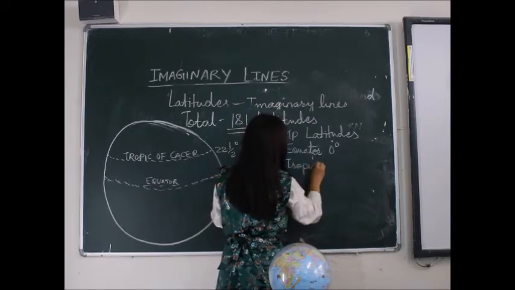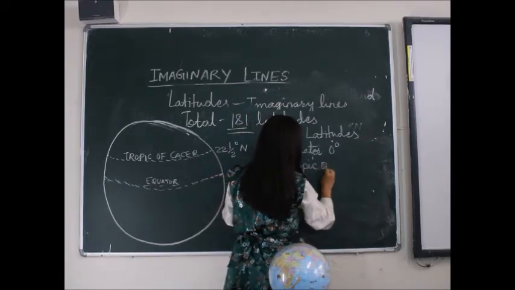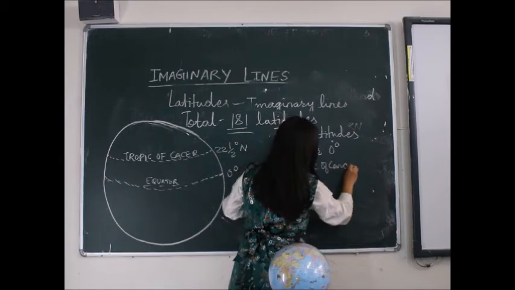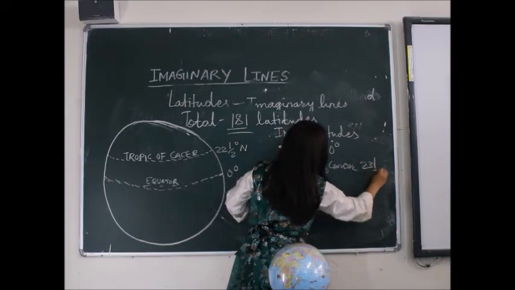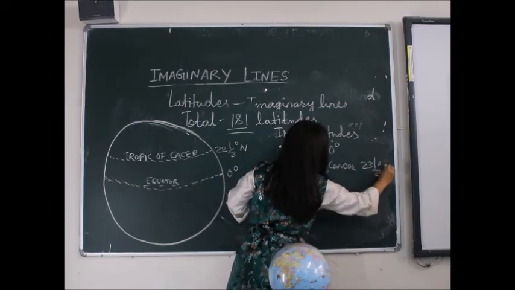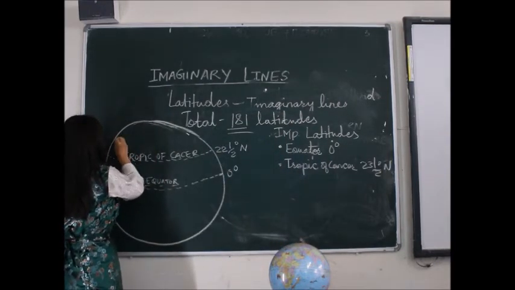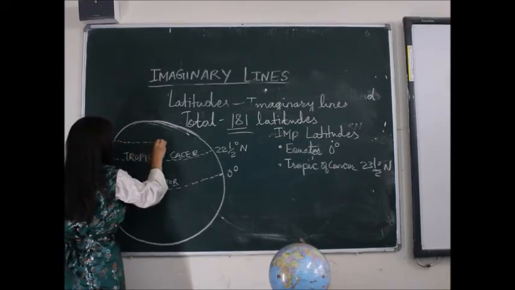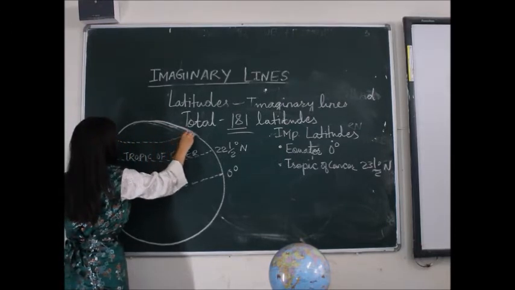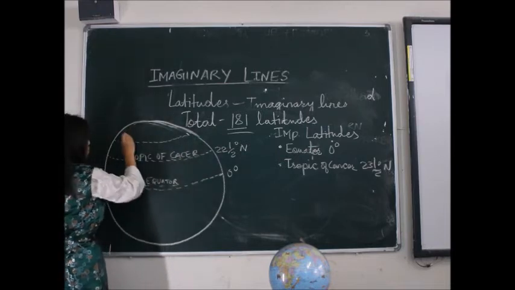If we move to the north of Equator, Tropic of Cancer is 23.5 degree north. Okay, and if we just go towards the north of Tropic of Cancer, again we'll find one, that is Arctic Circle.